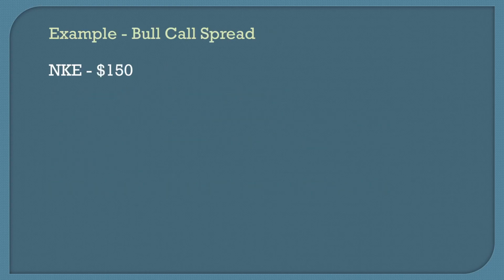Here's an example on how to execute a bull call spread. In this example, we will look at Nike. Let's assume the current price for Nike is $150 and we are bullish on Nike. So we believe that the price for Nike will go up in the future. To take advantage of this, we execute a bull call spread.